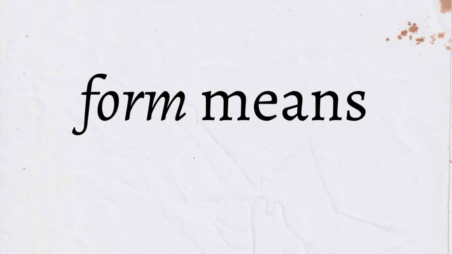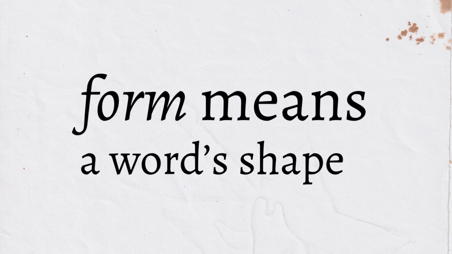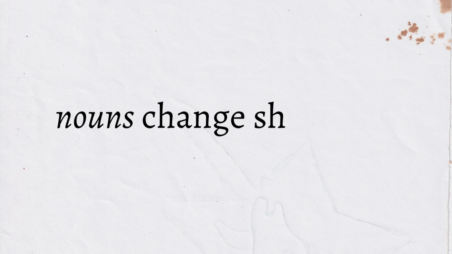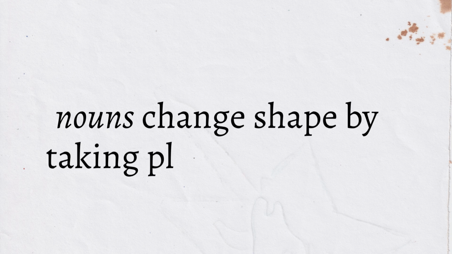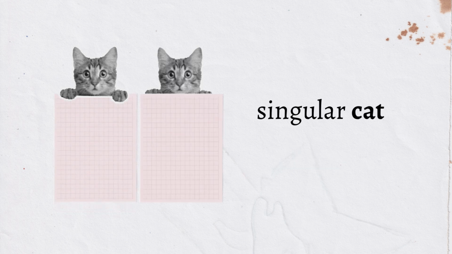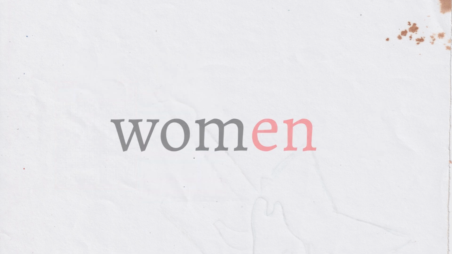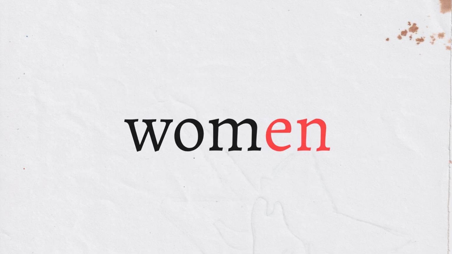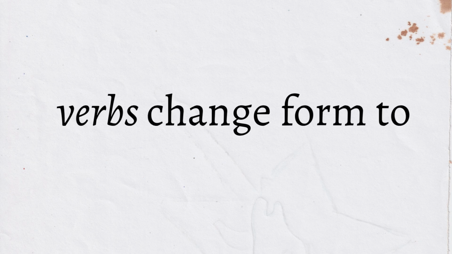Form means a word's shape, or how we build them and bend them. Nouns, for example, often change shape by taking plural endings. The singular cat becomes cats, singular woman becomes women, and so on. Verbs, on the other hand, change form to show tense.